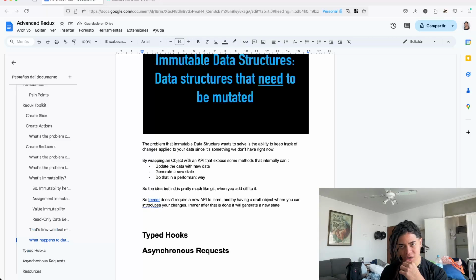So the idea is that Immer is using this proxy design pattern, this wrapper, that lets you provide a substitute or a placeholder for another object. For example, in this context, it intercepts when a value is changed.